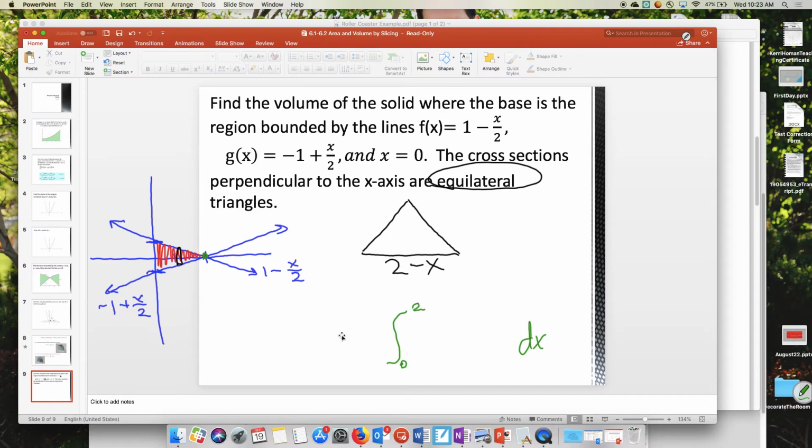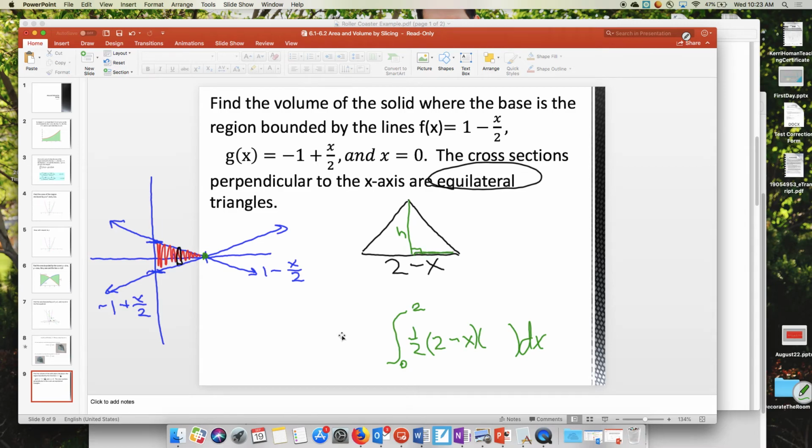1/2 base times height. So we need to know what our base is. Well, we know the base is 2 minus x, right? So now we need to figure out what the height of this triangle is. So radical 3 is going to be involved, yes. So it's 2 minus x times the radical 3 divided by 2.